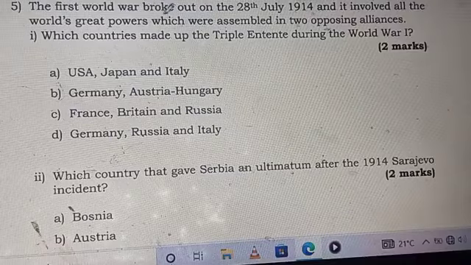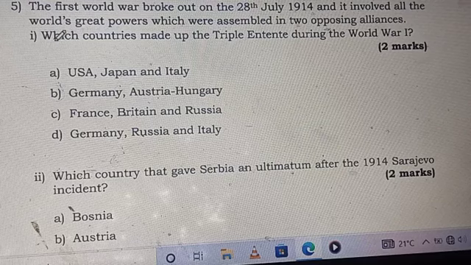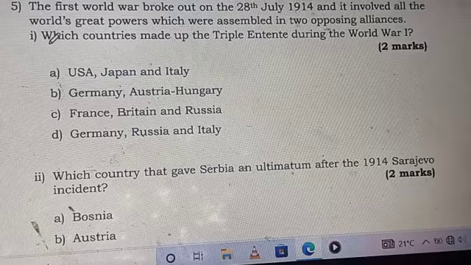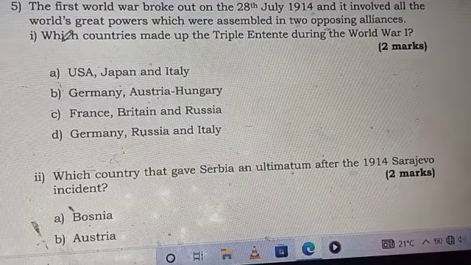The First World War broke out on the 28th July 1914, and it involved all the world's great powers, which were assembled in two opposing alliances. Which countries made up the Triple Entente during the First World War?